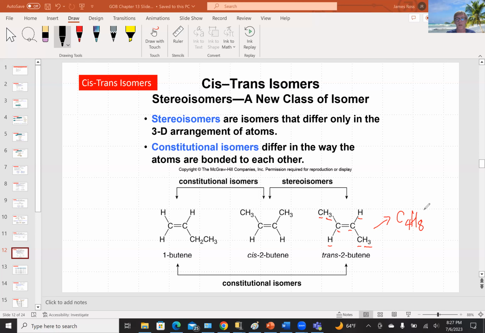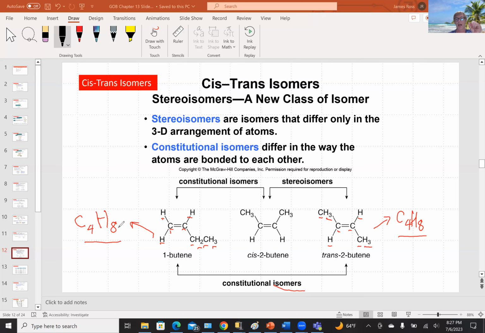So it's C4H8. 1-butene has 4 carbons, C4, and it's got 1, 2, 3, 4, 5, 6, 7, 8 hydrogens. So they're isomers, period, because they have the same formula, C4H8.